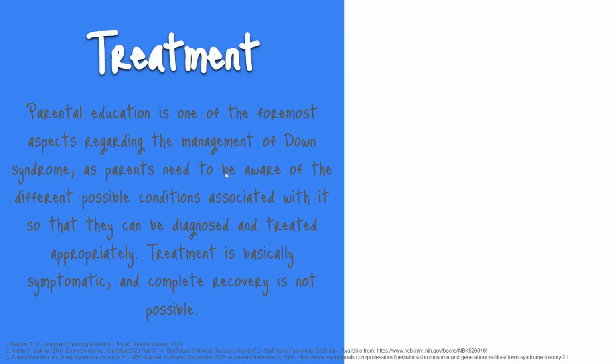Treatment. Parental education is one of the foremost aspects regarding the management of Down syndrome, as parents need to be aware of the different possible conditions associated with it so that they can be diagnosed and treated appropriately. Treatment is basically symptomatic, and complete recovery is not possible.